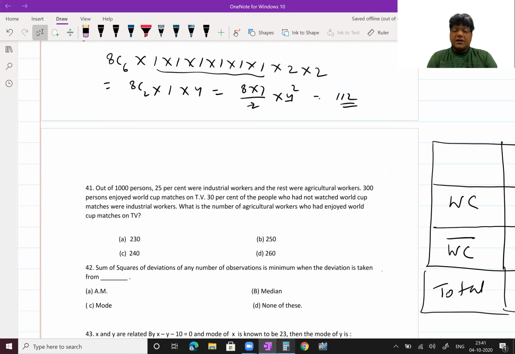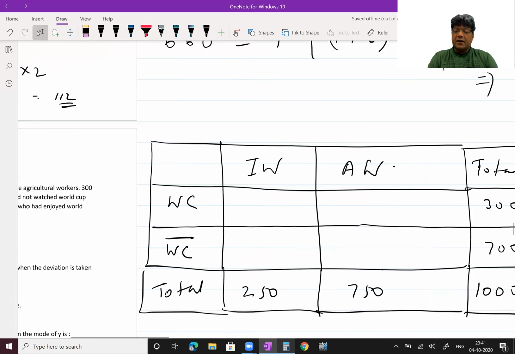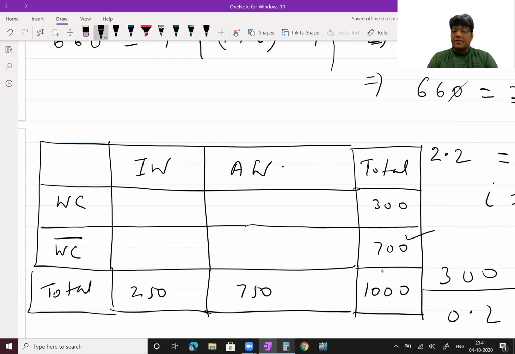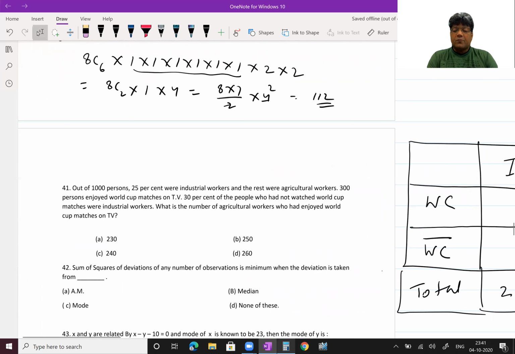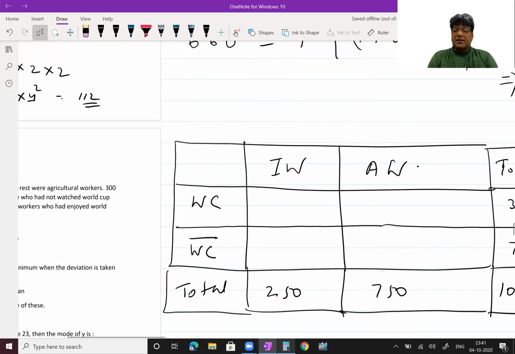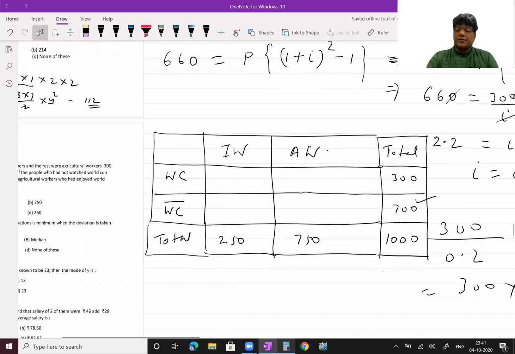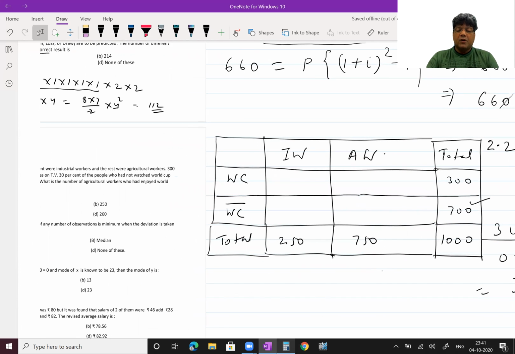How many have not watched the World Cup? 700. And 30% of 700 were industrial workers.